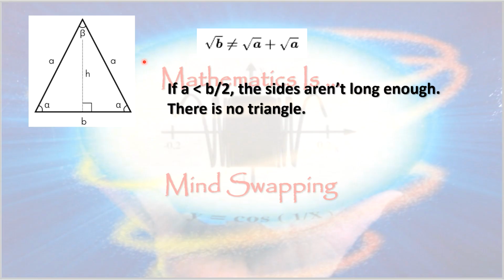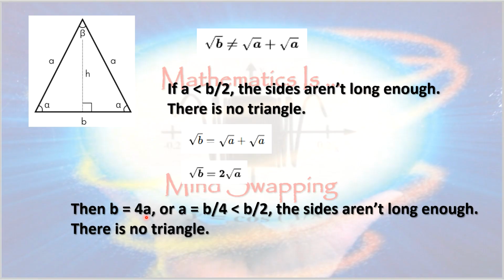Well, if a was less than b over 2, the sides would fold down without touching, and therefore we wouldn't have a triangle. But starting with square root of b equals square root of a plus square root of a, we get square root of b equals 2 square root of a. Square both sides, you've got b equals 4a, and that leads to a equals b over 4. But b over 4 is less than b over 2. This value of a does not produce a triangle. The scarecrow is never true.